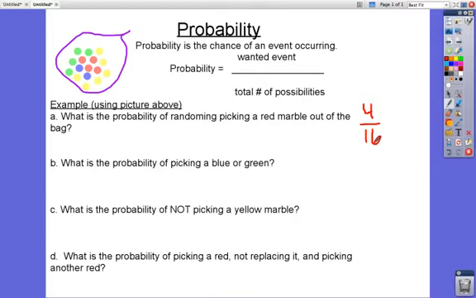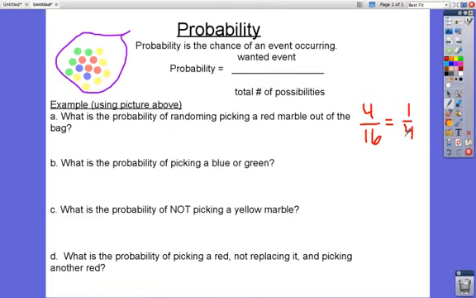And then you would want to reduce this. So 4 over 16 reduces by 4. 4 divided by 4 is 1. 16 divided by 4 is 4. So we have a 1 in 4 chance of picking a red marble out of this bag. If you think of that as a percent, you can go ahead and divide this.